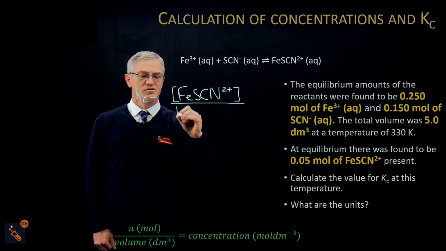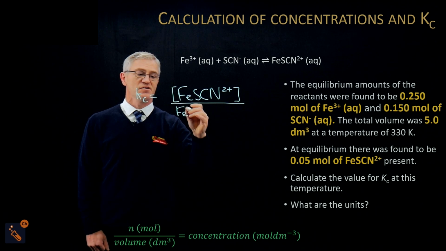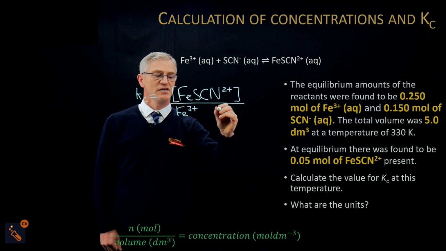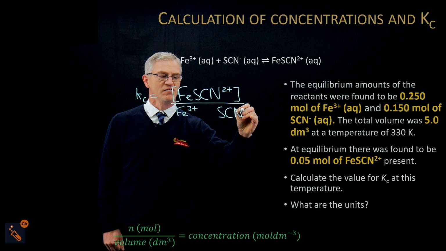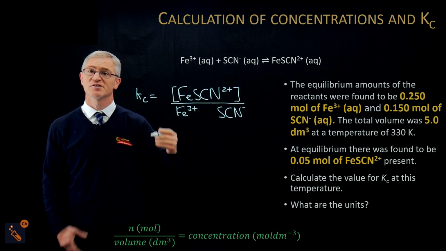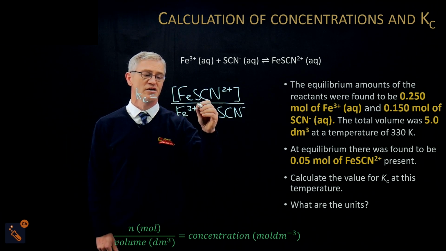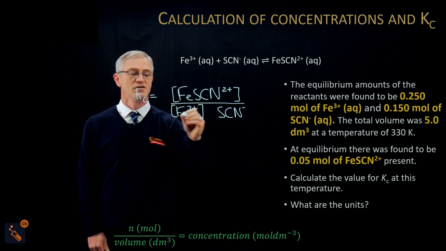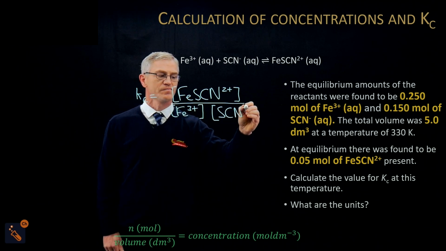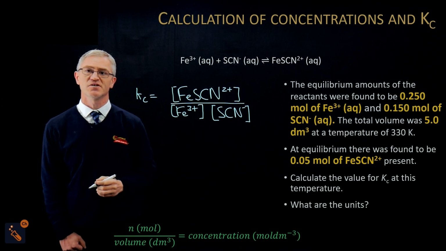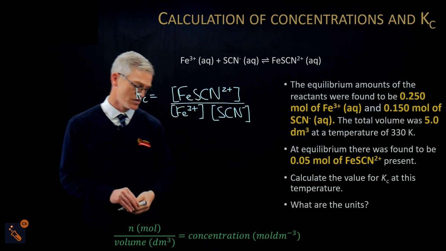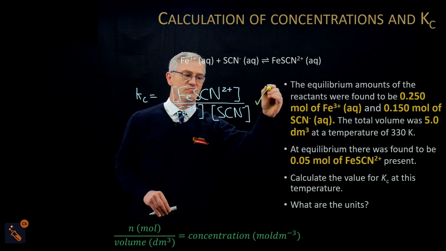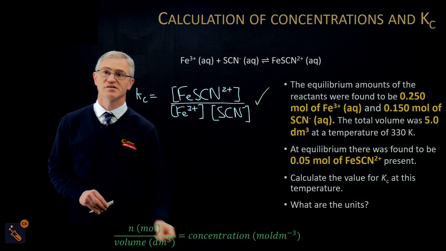So then we go for our reactants, and our reactants is Fe3+ and SCN-. You can include the state symbols here if you want to do it full. I'm not here, but you can include the state symbols as well to give a full picture. Okay, so we've got that, and we've done our equation, and remember that's going to get us 1 mark in the exam, even if we don't understand the rest of the question.